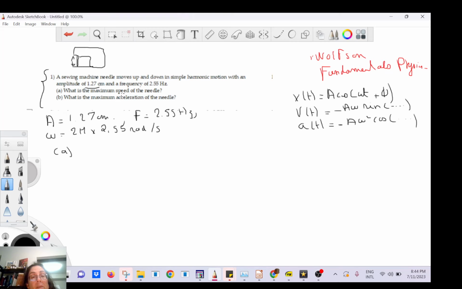So what is the maximum speed? They don't want the velocity, they want the speed, so the magnitude. So that's easy. It's going to be v max equals A omega.